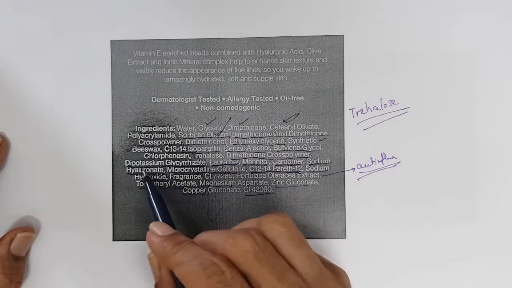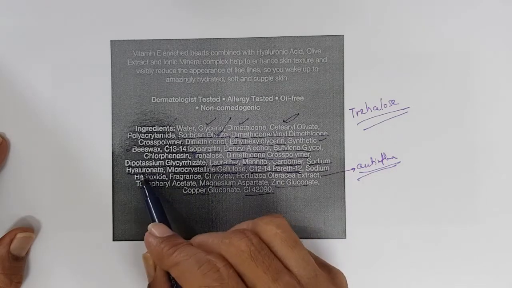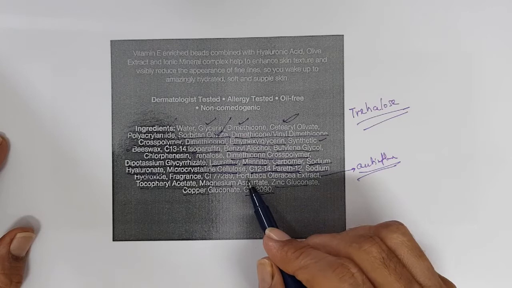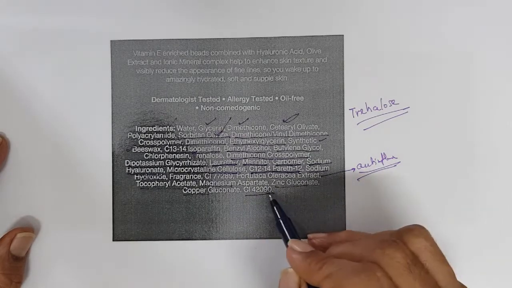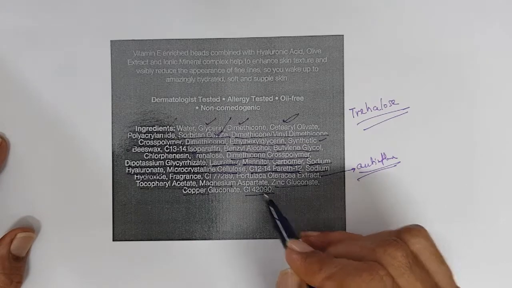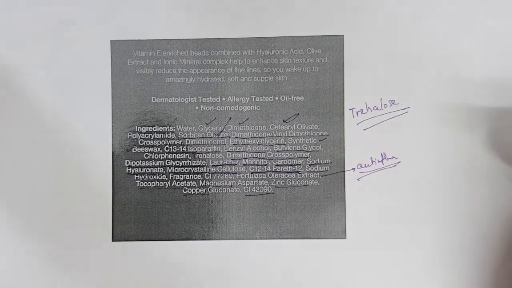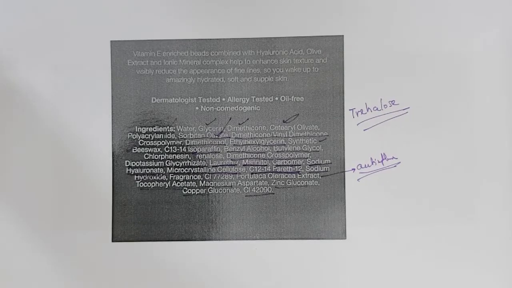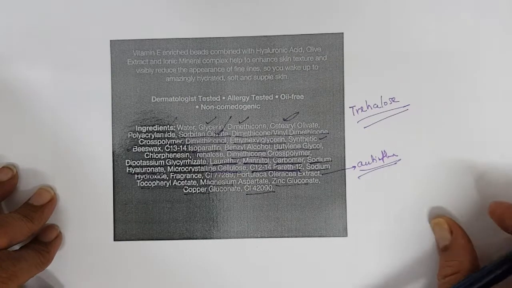Then we have actives, dipotassium glycyrrhizate, sodium hyaluronate, portulaca extract, then minerals, then synthetic beeswax. So it is a combination of moisturizers, skin conditioners, minerals. So this is one moisturizer in the market.